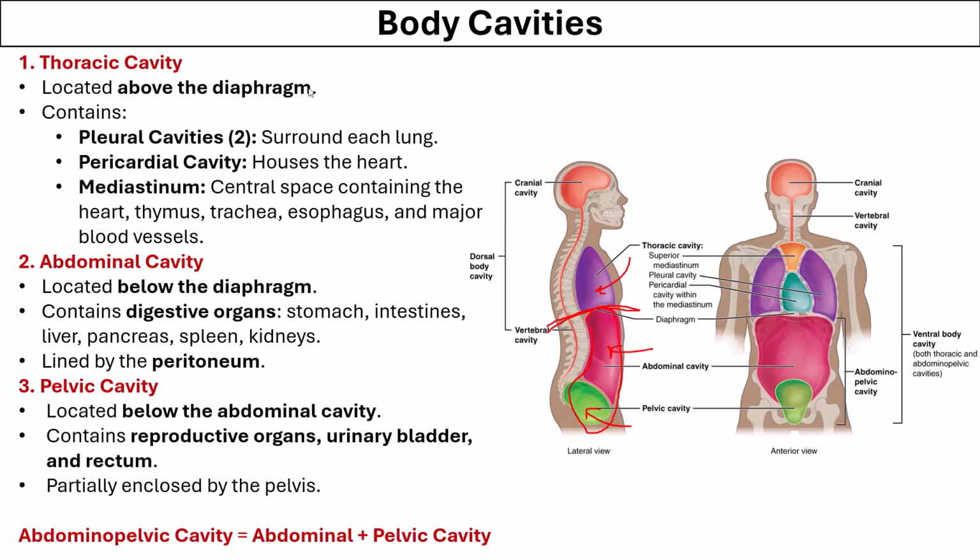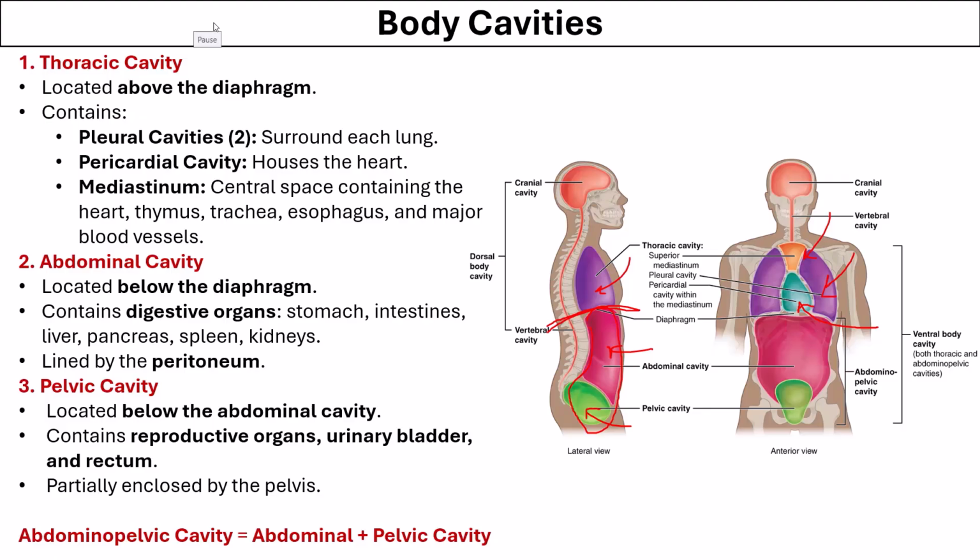The thoracic cavity further has three regions: the pleural cavity, which is around your lungs; the pericardial cavity, which is around the heart; and the mediastinum, which is around the other major organs, which are the thymus, trachea, esophagus, and your major blood vessels.